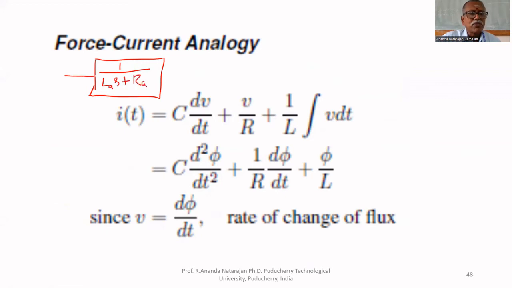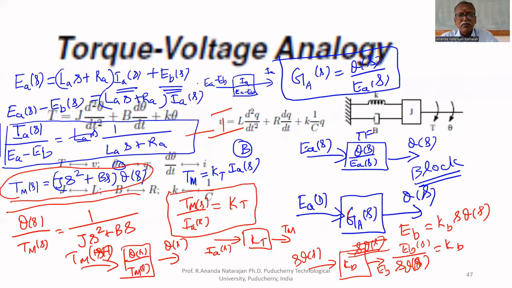EA minus EB is given as input. What is the output? IA of S. The next block must have IA as input. Which block has input IA?